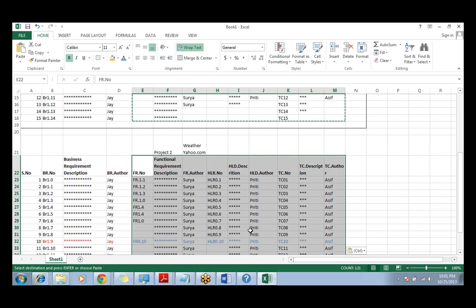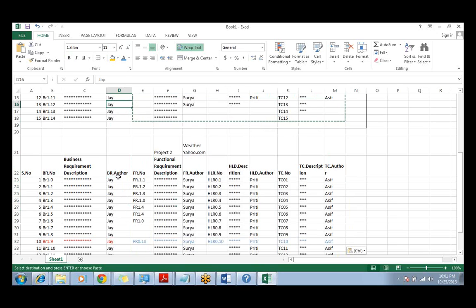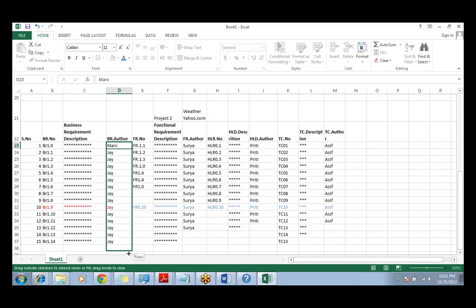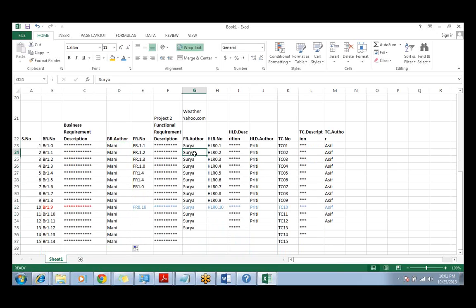Now what other things could happen? Maybe here on this requirement J works, but here let's say Mani is working. Okay, Mani worked on this requirement because Mani was allocated to this project. Here Surya worked, but rather than Surya, Sundeepa worked. So your requirement has changed, your project has changed, your people have changed.